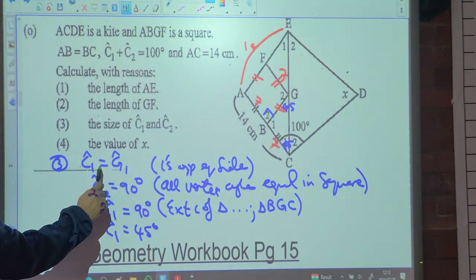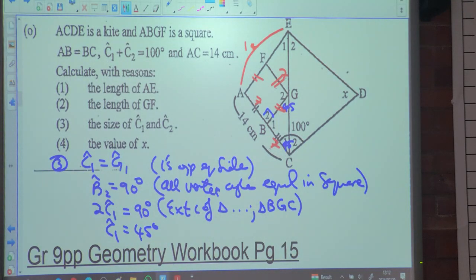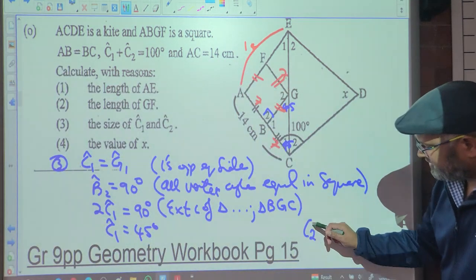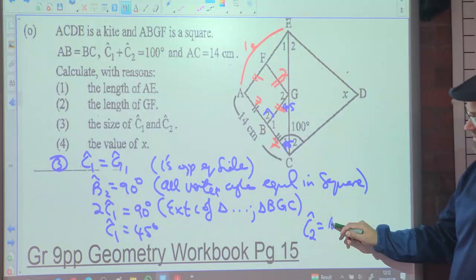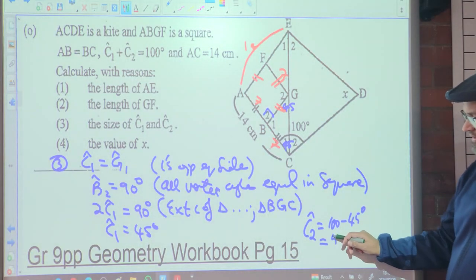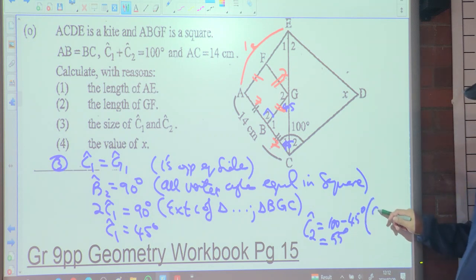Why can I write it in? Because I already said C1 is equal to G1. Any confusion? Okay. And C2? You want C2 as well? So C2 is equal to 100 minus 45. Why is that the case?